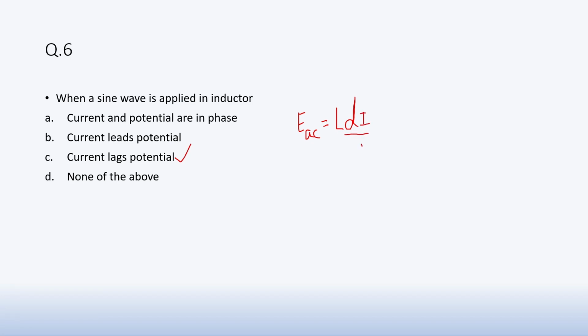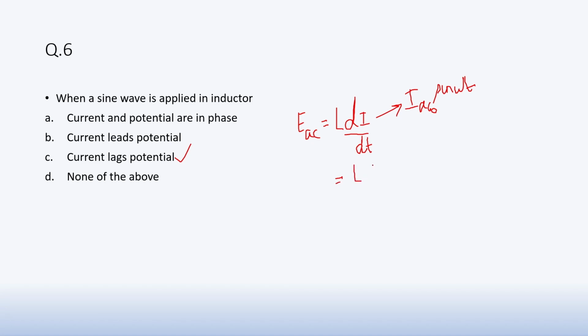Anyone has any doubt? Okay, you know E is equal to L di by dt, and you know I is nothing but I_AC naught sine omega t. So if I substitute it and differentiate, what will I get?